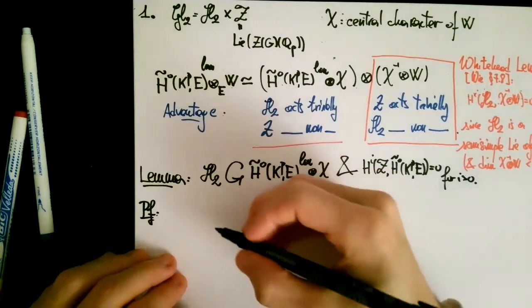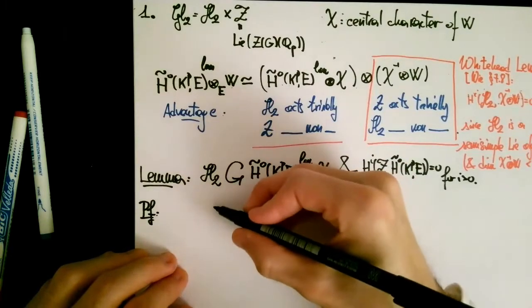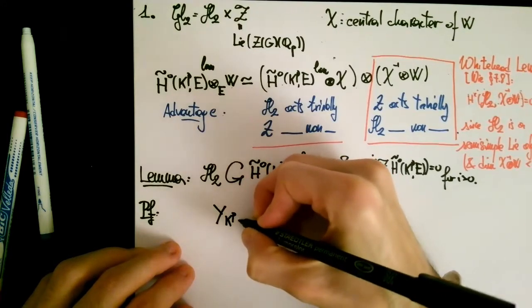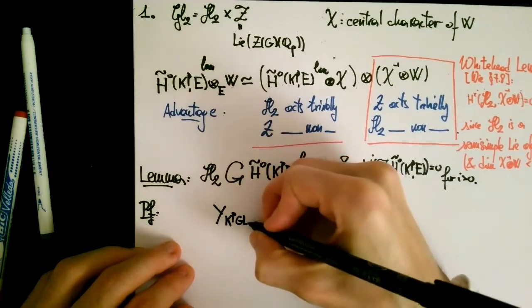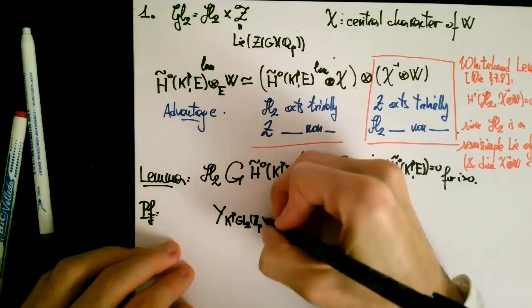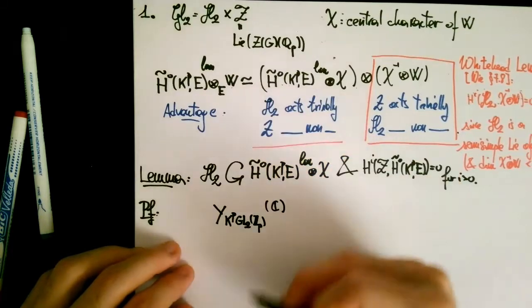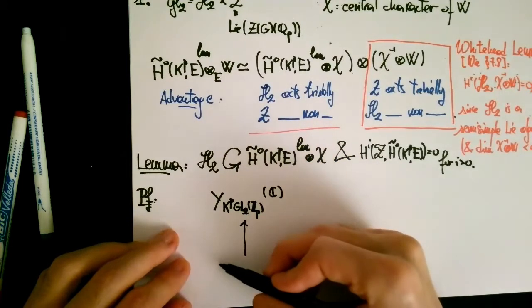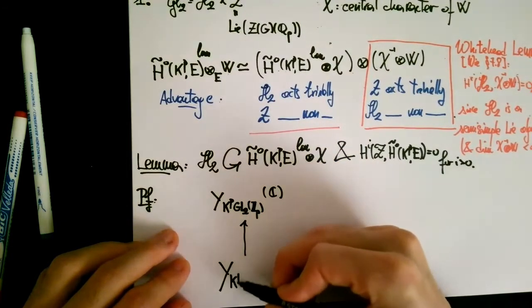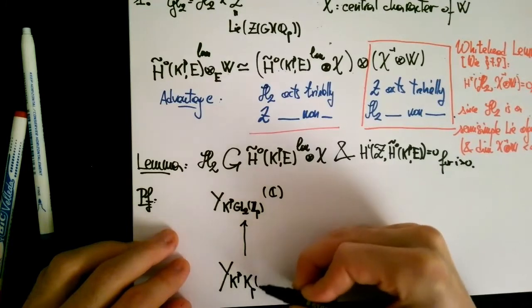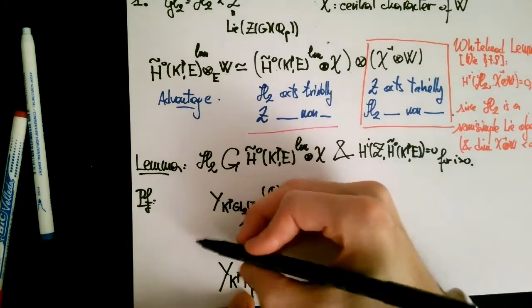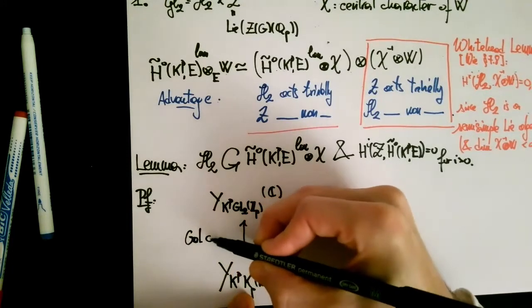Remember that we have our Galois cover. So we have Y of K^p, and here I consider GL2(Z_p) of C. So if I consider the principal congruence subgroup, where we have the following Galois cover, here I consider K_p(n). So this is the principal congruence subgroup of level n, so the matrices which are trivial mod p^n. So this is a Galois cover.